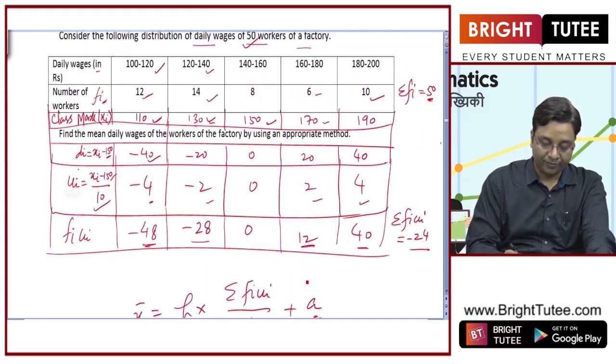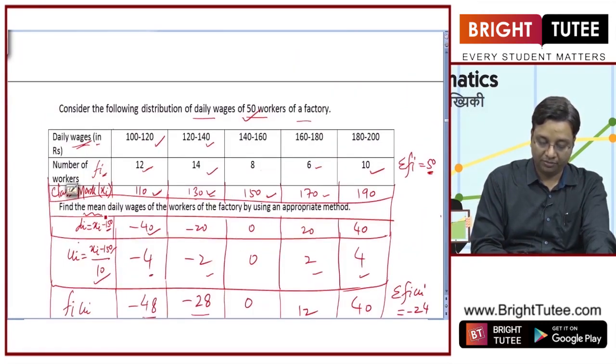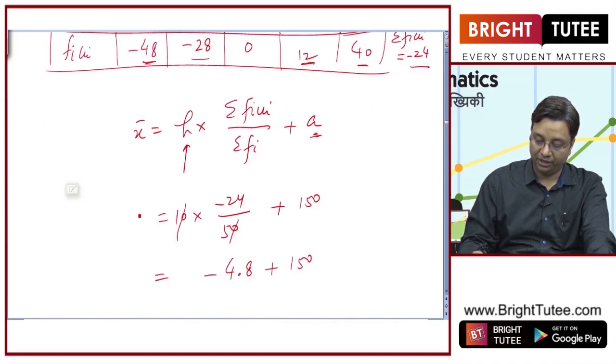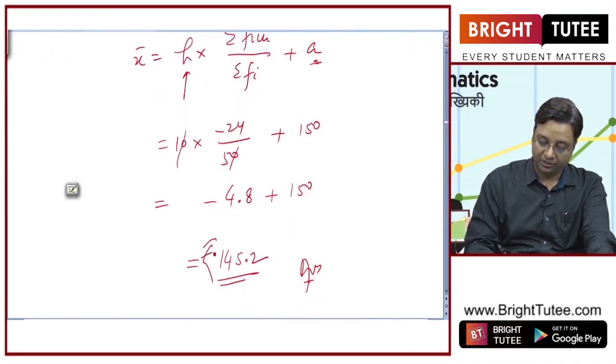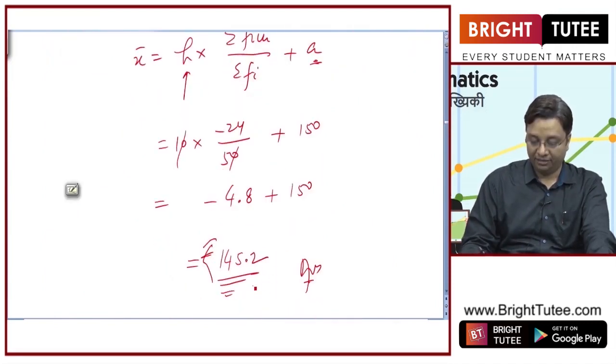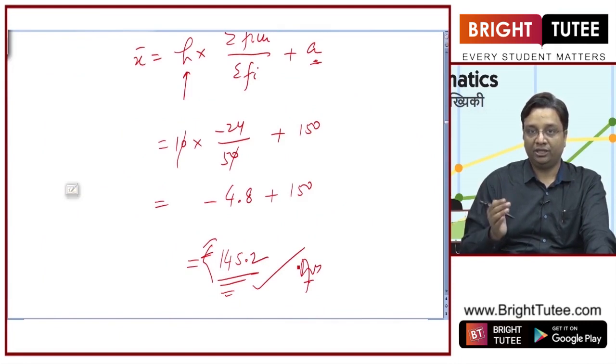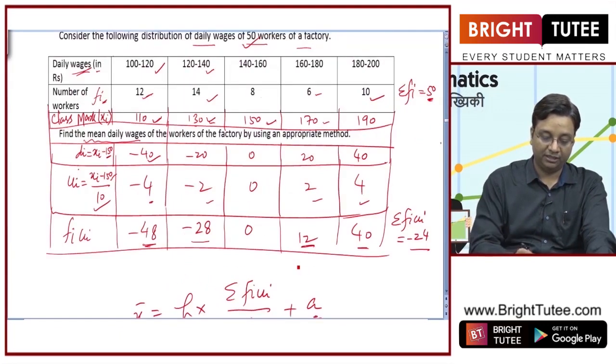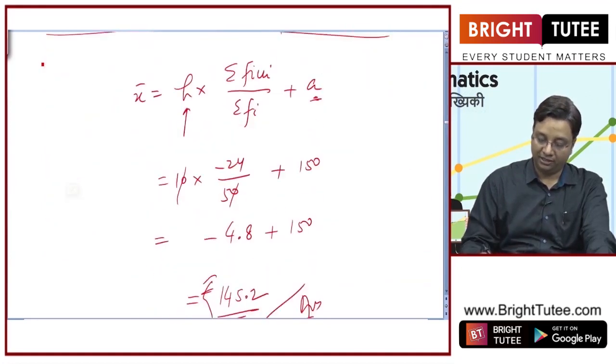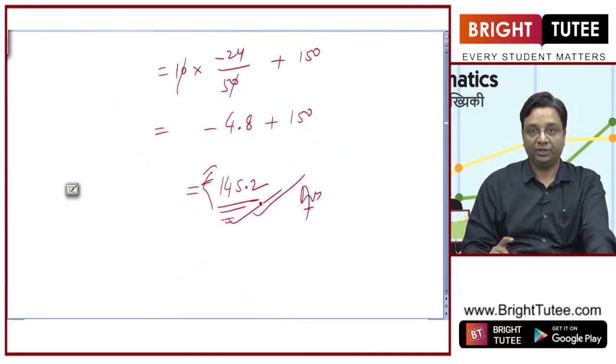What is this? This is the daily wages. So we are calculating mean daily wages, so the unit will be in rupees. In this chapter I will write the means, you write the unit yourself, whatever is the unit. Let us say in this question we are calculating daily wages in rupees, so the answer that I write will be in rupees, 145.2 rupees.